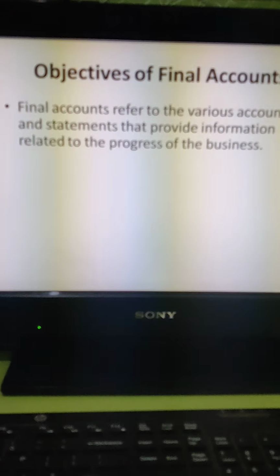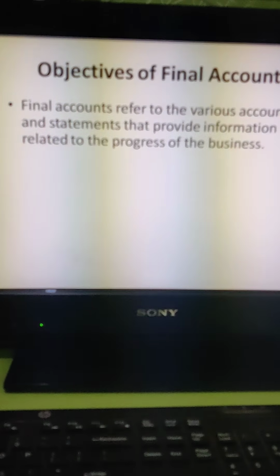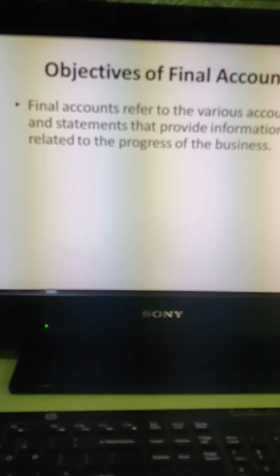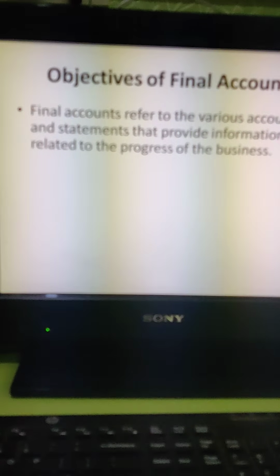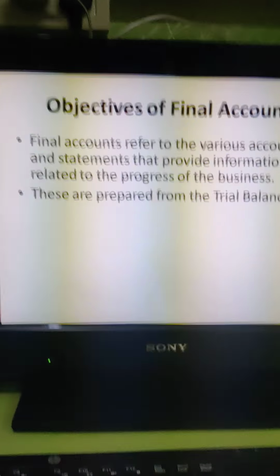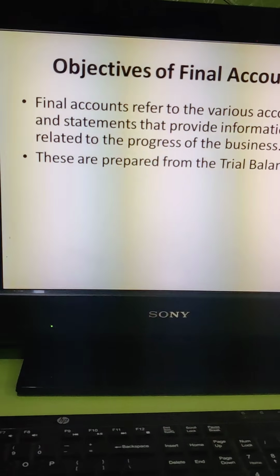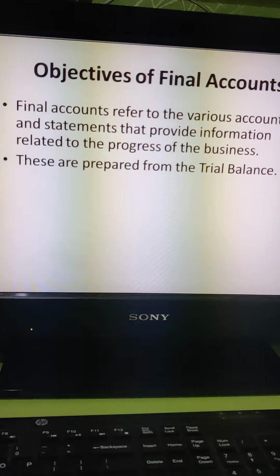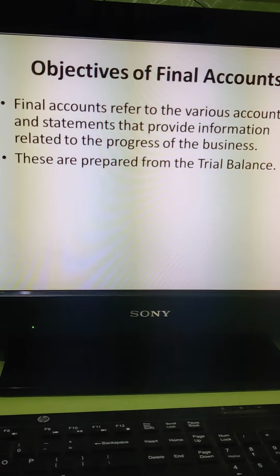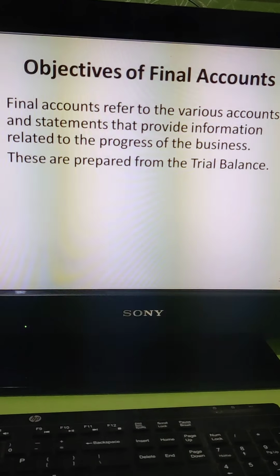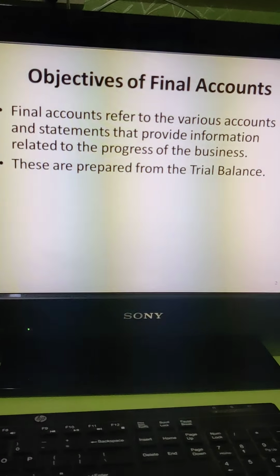Final accounts refer to the various accounts and statements that provide information relating to the progress of any business. As we discussed earlier, these are prepared from the balances of the trial balance. You have learned to journalize the accounts.